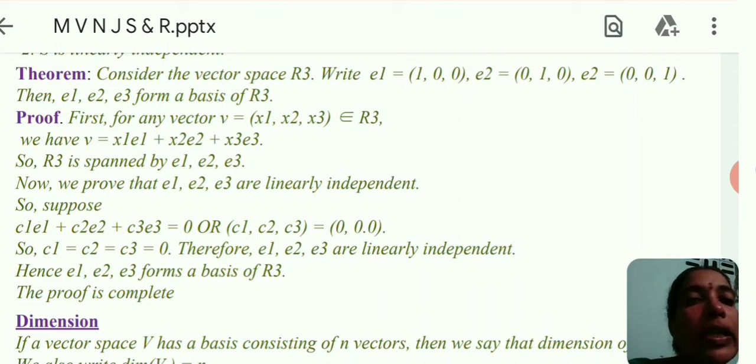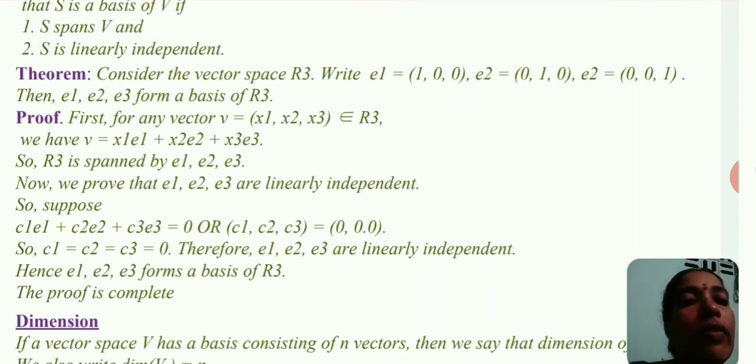That means individually C1 is equal to 0, and at the same time C2 is equal to 0 and the third value C3 is equal to 0. Therefore E1, E2, E3 are linearly independent. Hence E1, E2, E3 form a basis of R3. This is the proof of this theorem.